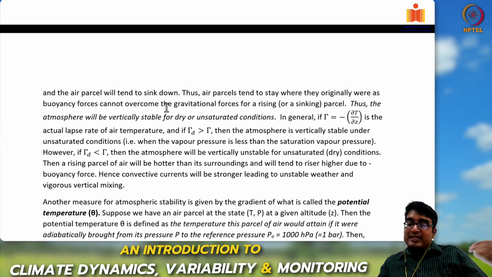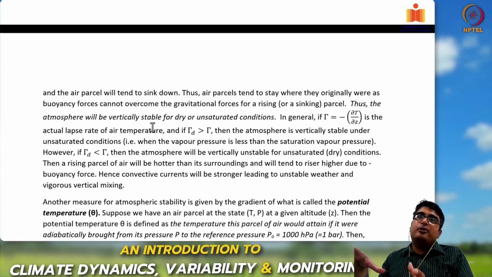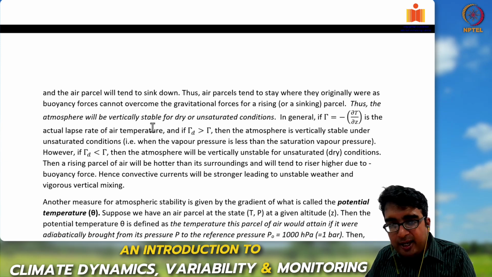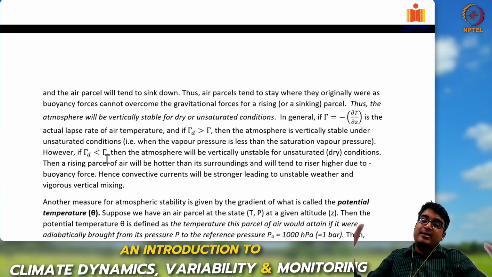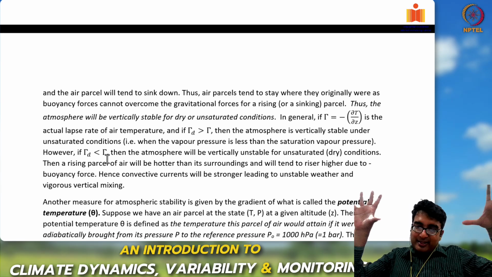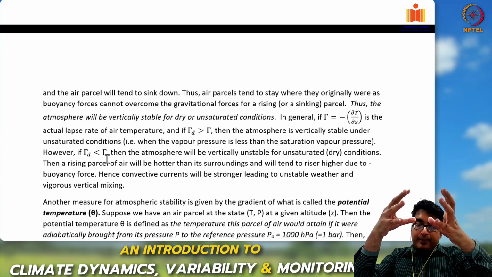However, of course, this is the mean lapse rate only. There may be cases at a certain atmospheric location where the local lapse rate of the surrounding air is actually greater. That is possible. It's rare, but it's possible. So in case your atmospheric lapse rate gamma is greater than the dry lapse rate, then the surrounding air is cooling faster and it is more dense than the rising parcel of air.